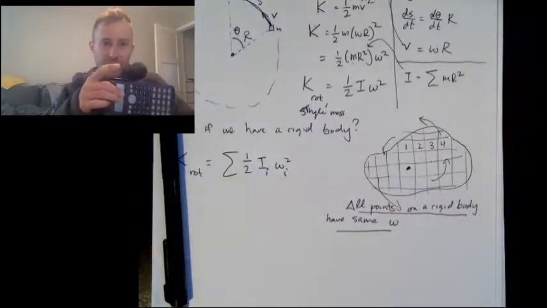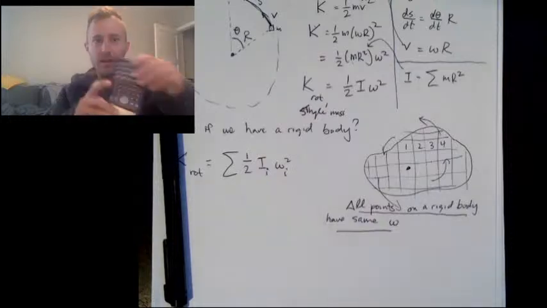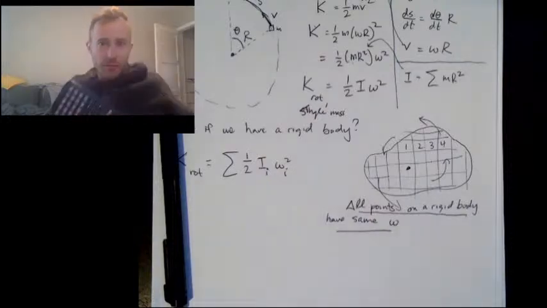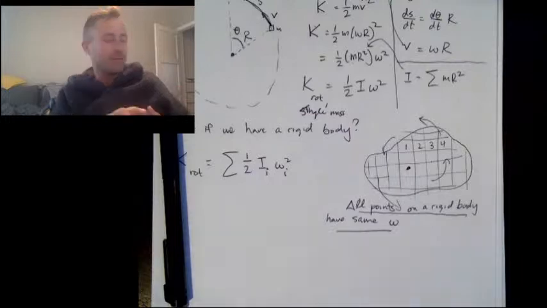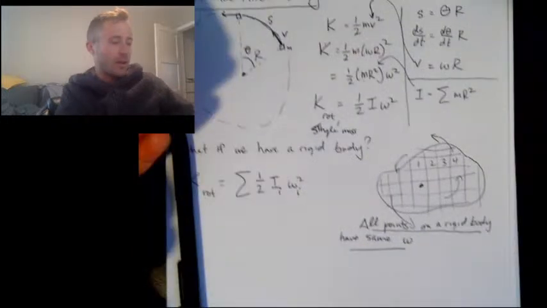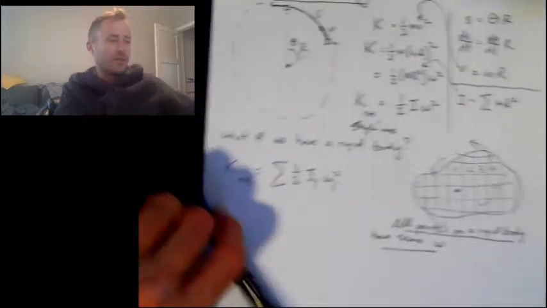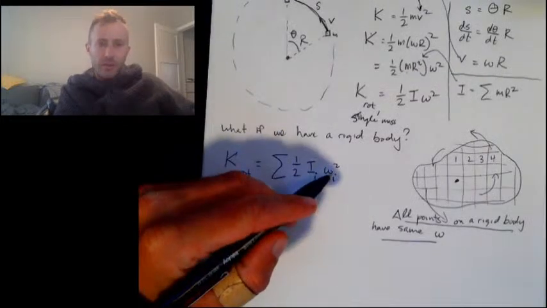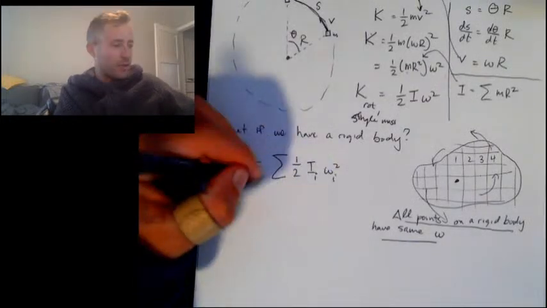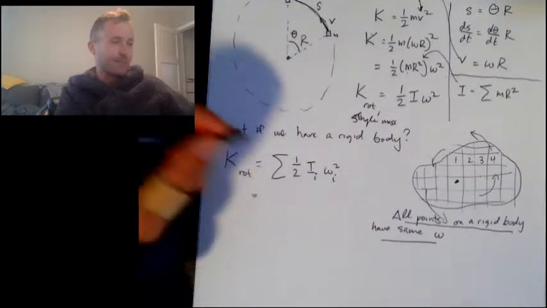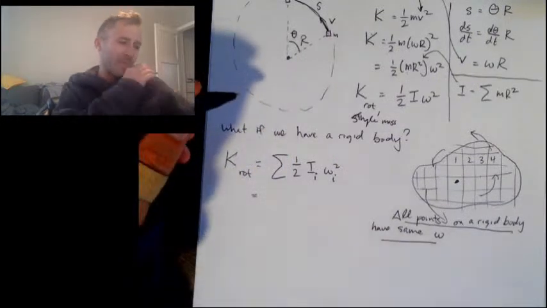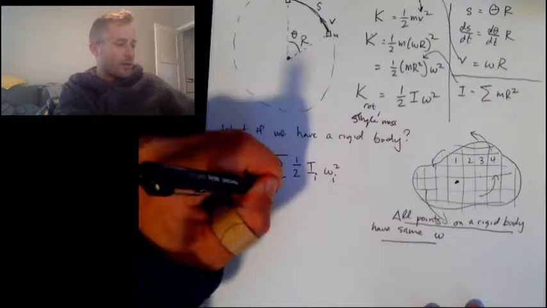So the angular displacement was the same for every point, and the time elapsed was the same for every point. So that's the same angular velocity. Okay? So what that means is that this omega term is the same for every part of the sum, so I can factor it out.